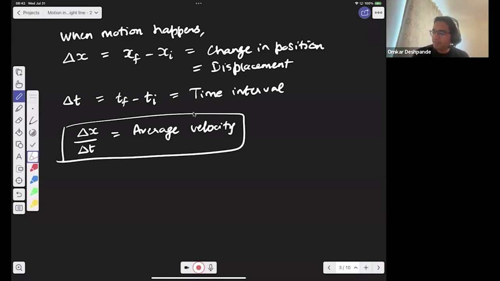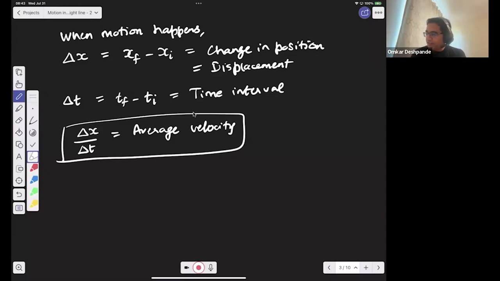And this definition assumes that the particle was moving uniformly. So again, if delta x is negative, then the average velocity will be negative. So if the average velocity is negative, it means the particle overall moved towards the left. If the average velocity is positive, that means the particle was on the whole moving towards the right.